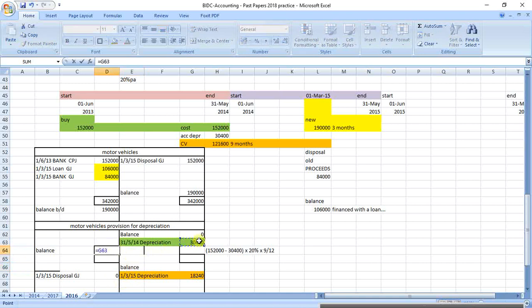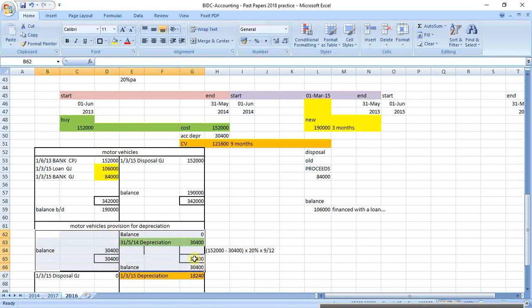Okay, then I would have shown this total. Okay, that would have been more accurate, just to show the year on year. Okay, so this was the end of the first year. So you had a balance of nothing, you had depreciation of that. Then you had a balance of that brought down. So this is the balance for the new year.